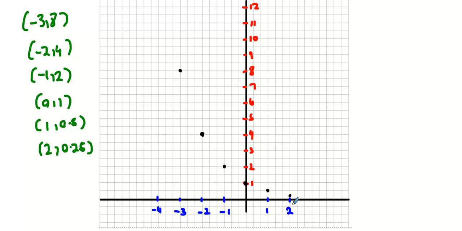And 2 and 0.25. Okay. We link it in like so. And there you go. There is your exponential graph of the first one.